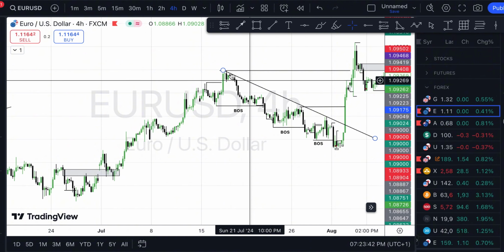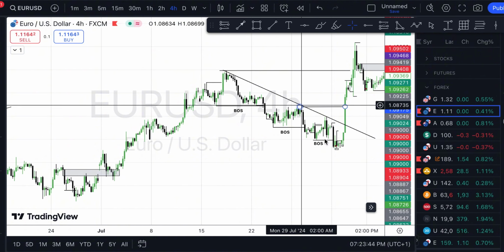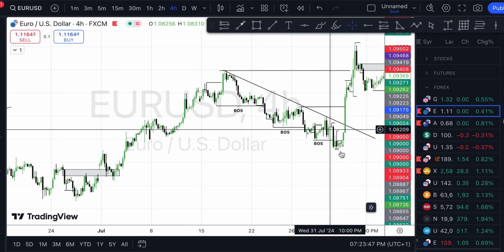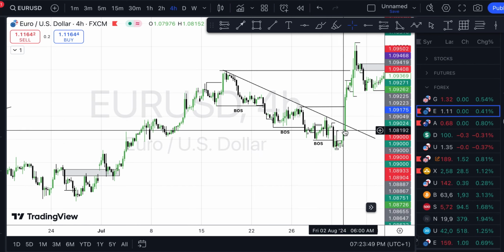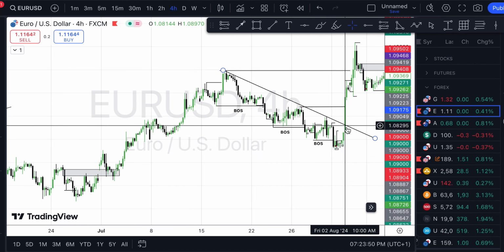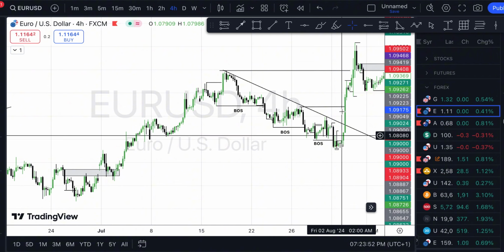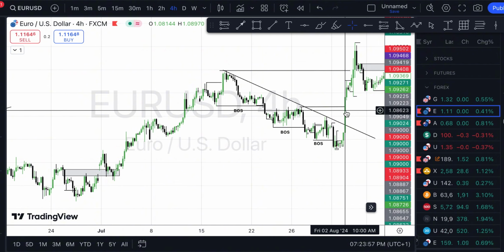Same thing here on this downtrend trend line. You can see one, two, three. So normally we expect price to come here and still trend down, but no, it broke out. This is a breakout. So a breakout occurs when the price moves beyond a support or resistance level.